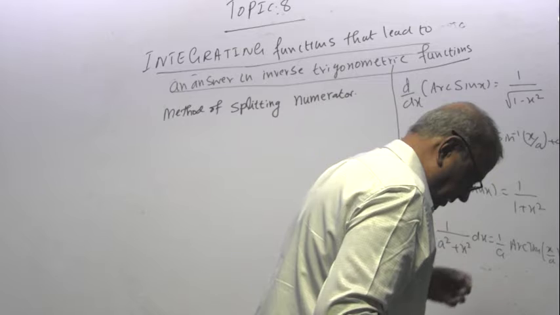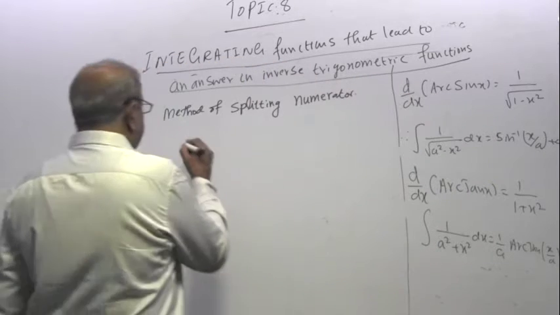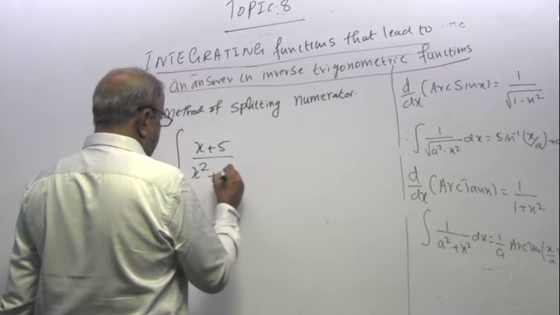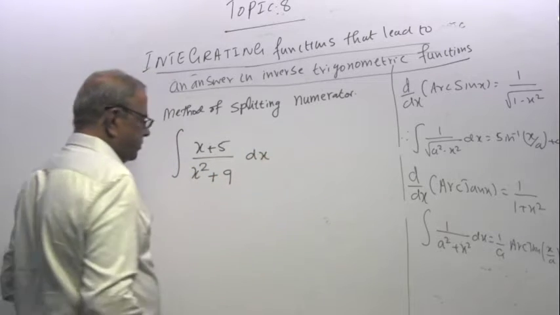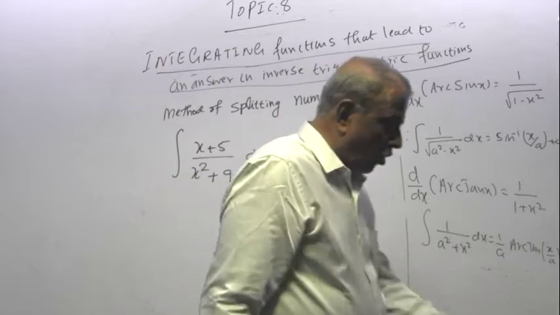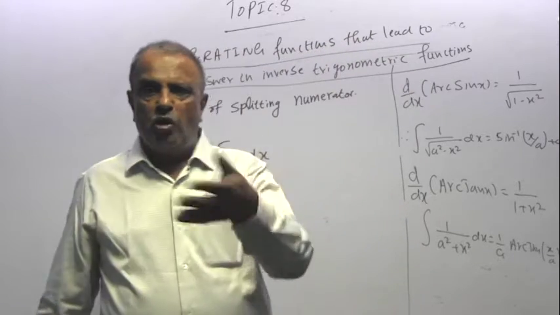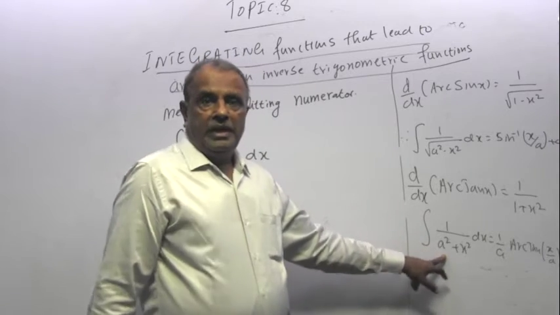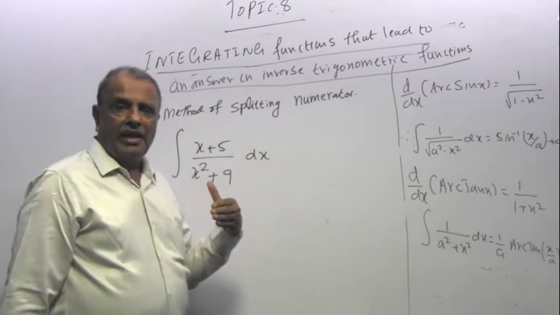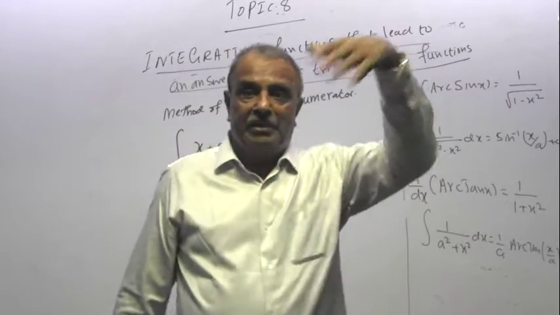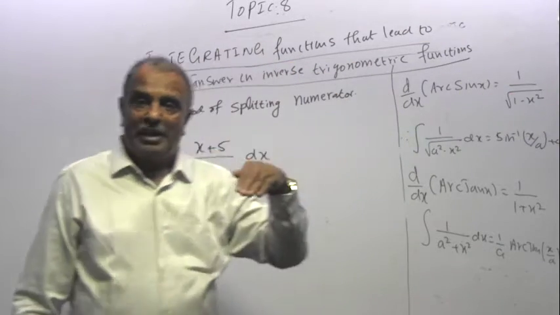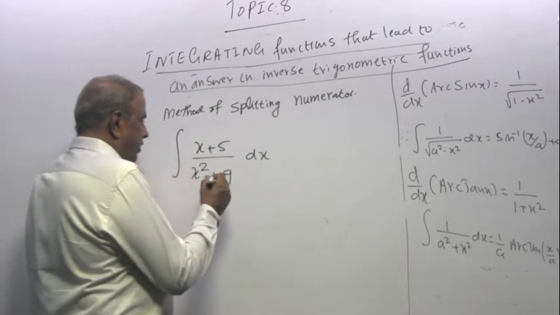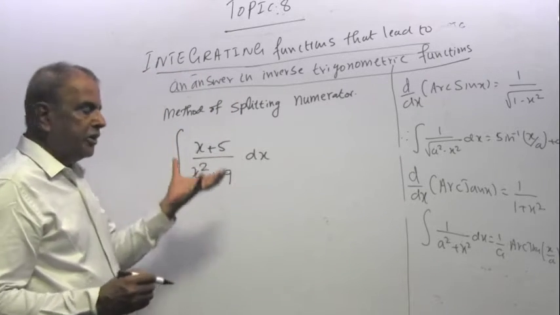Alright? Splitting the numerator. Suppose I had the integral of x plus 5 over x squared plus 9 dx. Now, if it was only 5 over x squared plus 9, I could use this formula. If it was only x over x squared plus 9, I could use numerator's derivative of denominator. But unfortunately, it's a combination of both. In this case, always recognize the numerator.